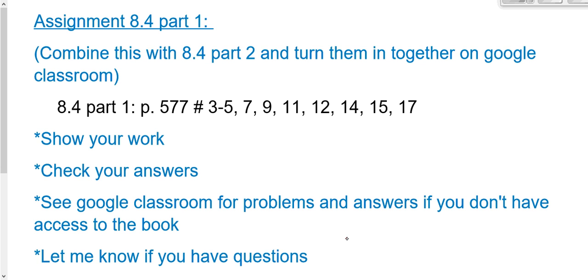Make sure you show your work, check your answers, and if you don't have a book, you can use the attachment on Google Classroom that has all the problems. It also has all the answers. So notice that a couple of these problems are evens, so you're going to need to check those answers anyway. And then, of course, let me know if you have questions.